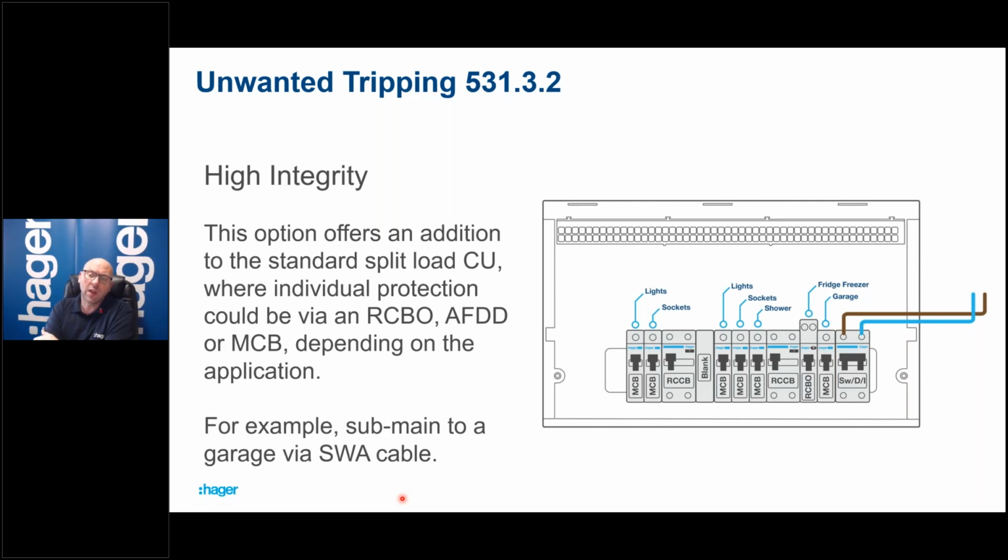You could use RCBOs on those ways, AFDDs, or circuit breakers, whichever you thought was the correct application. In this example, we've got a garage that's being fed off a circuit breaker, because the garage has its own unit with an RCCB in there, and this will provide total selectivity if that was desired. So it gives you an example of how a high integrity unit could be used.